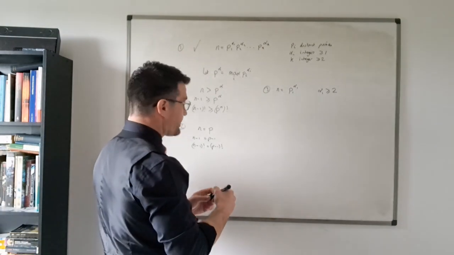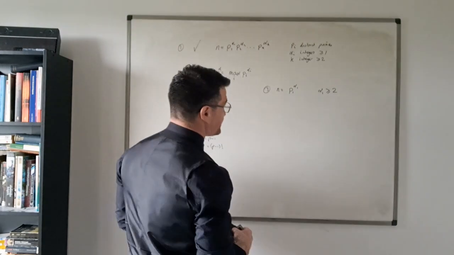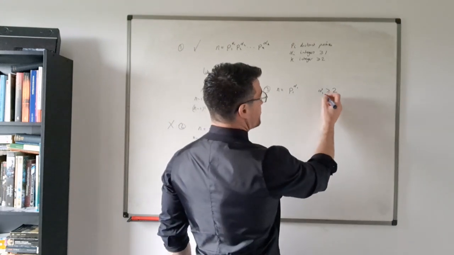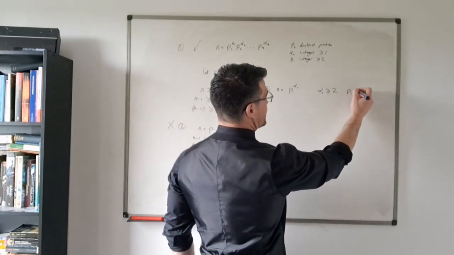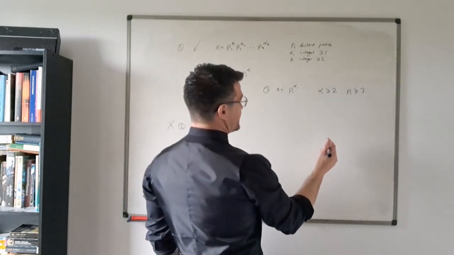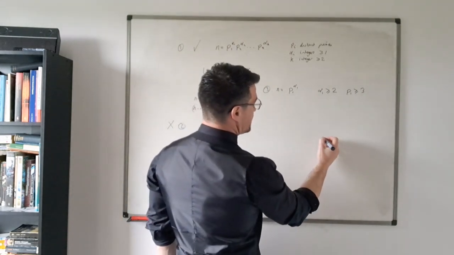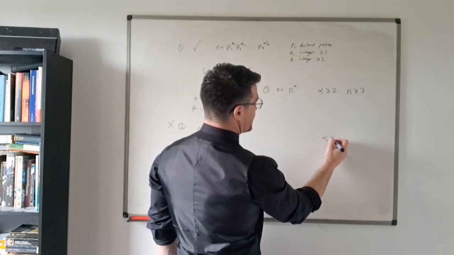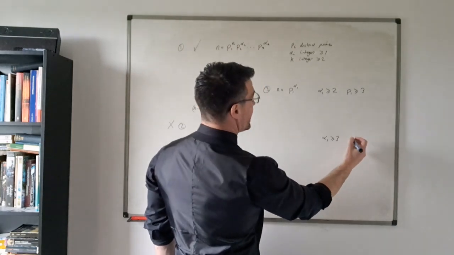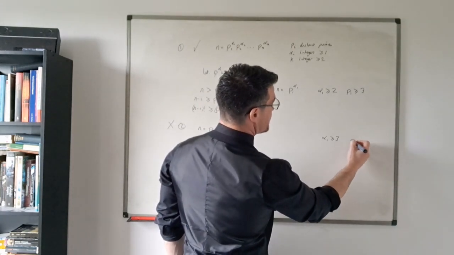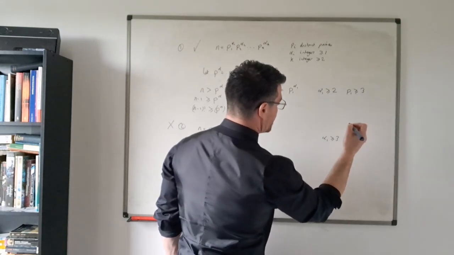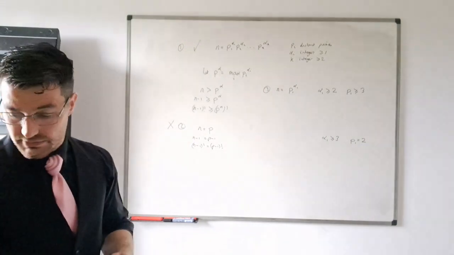Okay, so on the one hand, we need to consider the case when alpha1 is greater than or equal to 2 and p1 is greater than or equal to 3. And we also need to consider, as a separate case, when alpha1 is greater than or equal to 3 and when p1 is equal to 2. Okay.